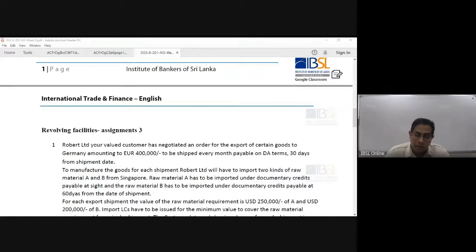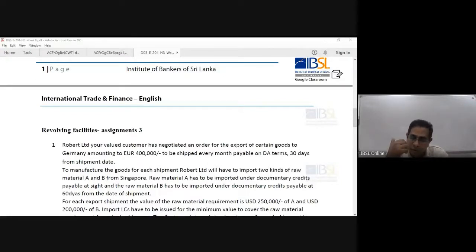Now the goods are coming from Colombo to Hamburg, and since goods are exported from Colombo under CFR, you have to state CFR Hamburg, right? And here there's a scenario where the goods are damaged during the loading of the goods to the vessel.